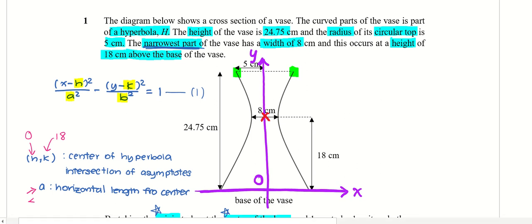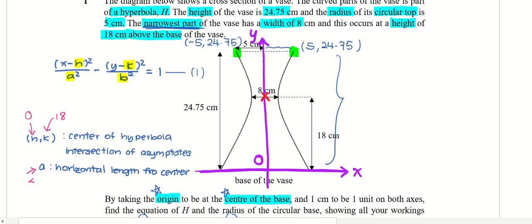Reference to my x-axis, this part here is actually 5, so this x coordinate should be 5. What about the y coordinate? Can you see that the y coordinate is referring to this height here, so this one should be 24.75. Similarly, the other side by symmetry, minus 5, 24.75. So these are two coordinates that I can use.